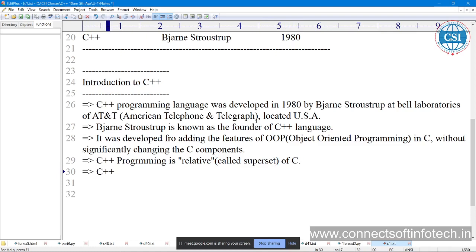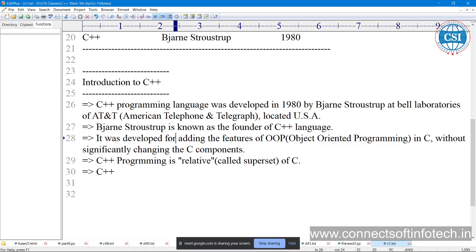Okay, C++ is an intermediate language like C. It is used for creating low level applications as well as high level applications. High level application means what I showed you, the snake game and stock market.